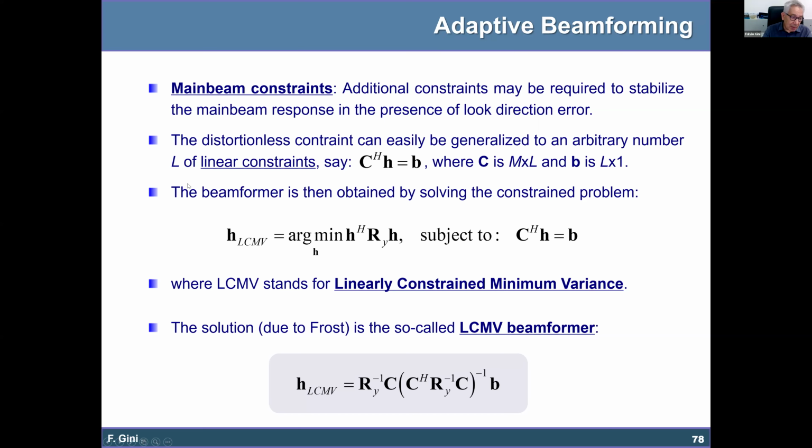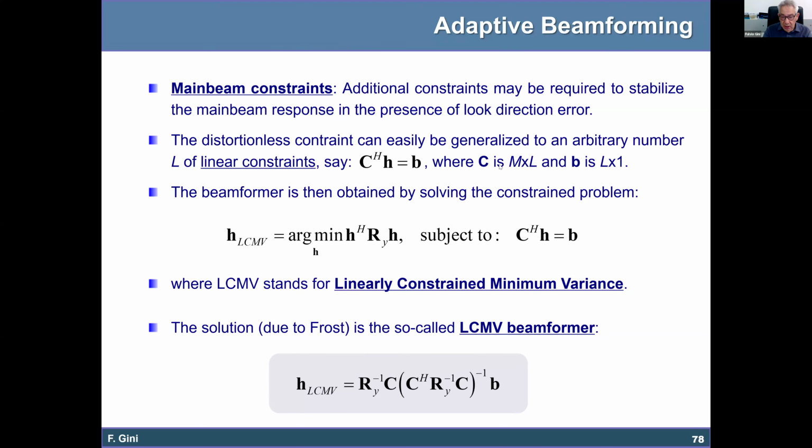Now, suppose that the number of constraints is L. You have to write the constraints in this form here. So the matrix of constraints C, Hermitian, that multiplies the impulse response of the beamformer, equal to b, where the elements of b are equal to 1 or 0, depending on the kind of constraint that you want to impose.